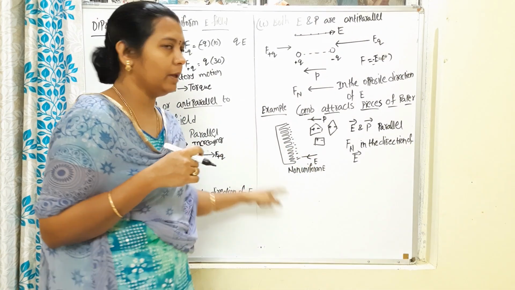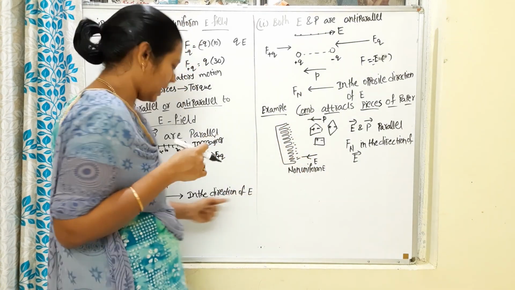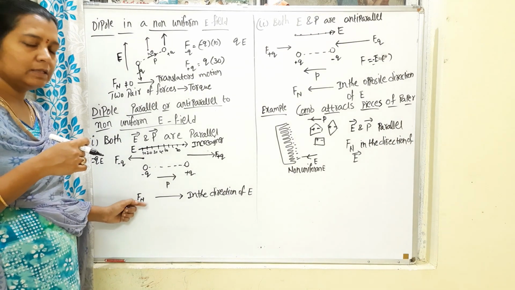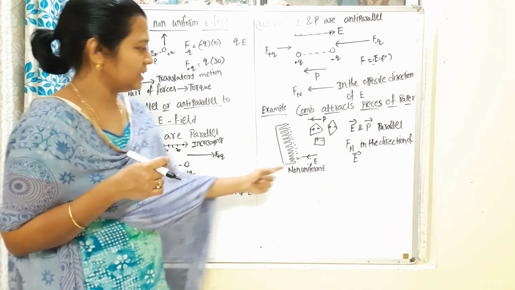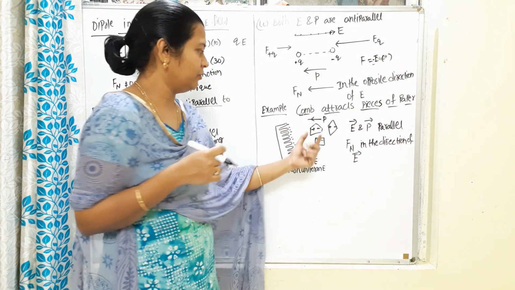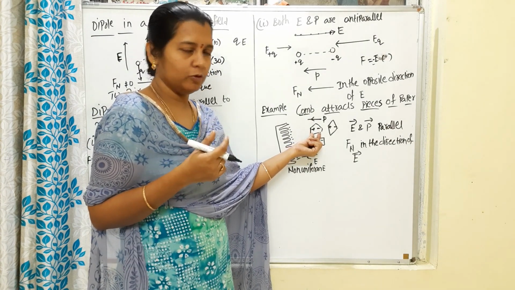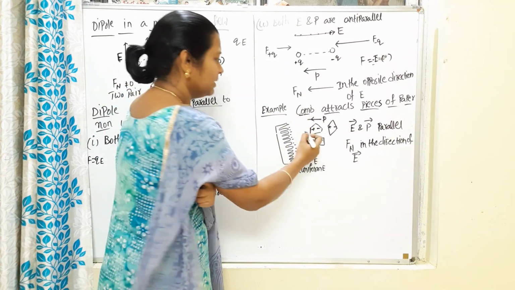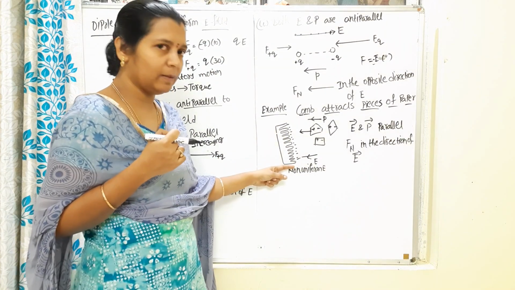The electric field around a body is non-uniform. In that case, if E and P are parallel, what is the net force acting on the body? The net force is in the direction of the electric field. So the bits of paper experience a force in the direction of the electric field. The paper gets attracted due to a non-uniform electric field.